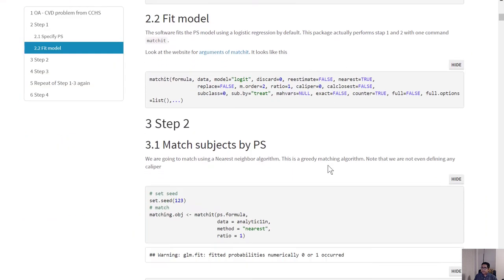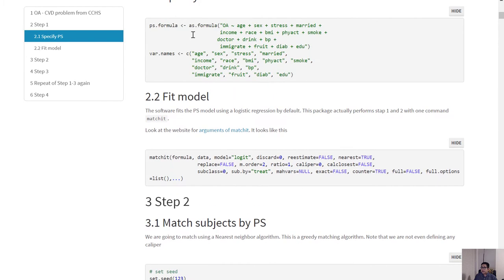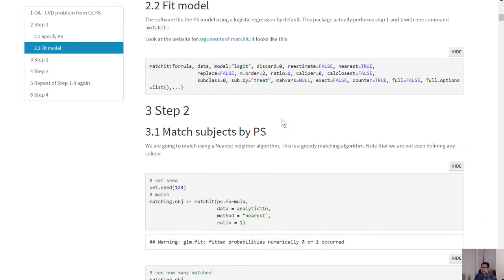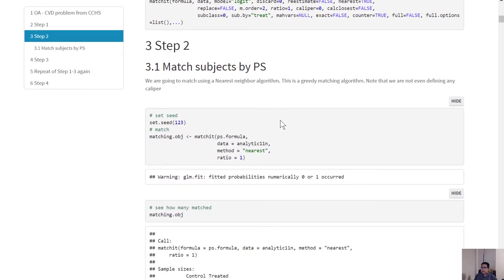Alright, so first we have already decided what is going to be our exposure model, right? In the second step, we are going to match by the propensity score that I generate using this particular formula that I have decided in step 1.